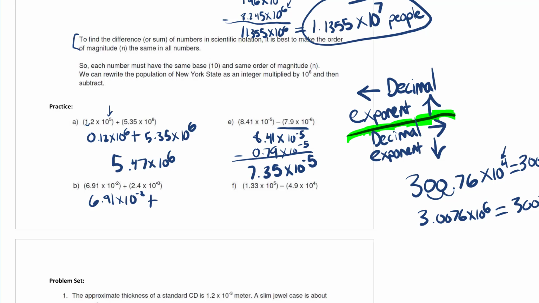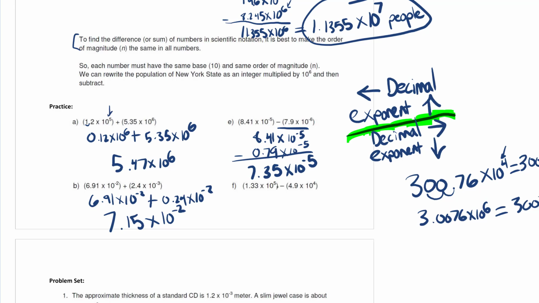We need to move the exponent up, which means the decimal needs to go left, according to our rules over here. So 0.24 times 10 to the negative 2. Add those together, and we get 7.15 times 10 to the negative 2.